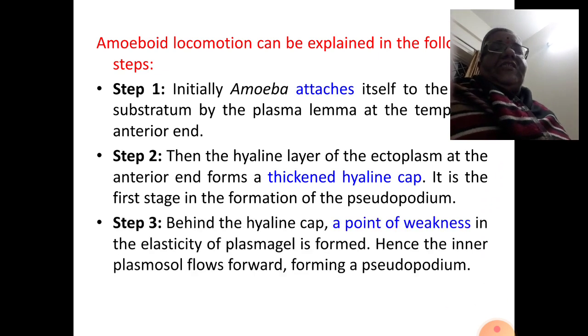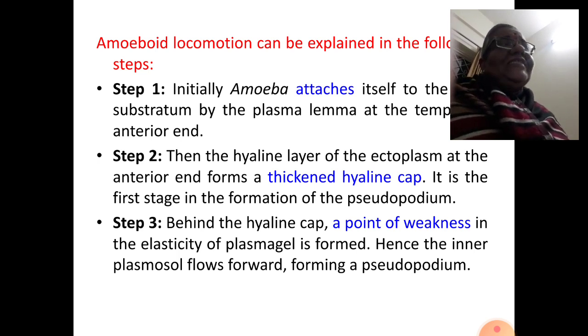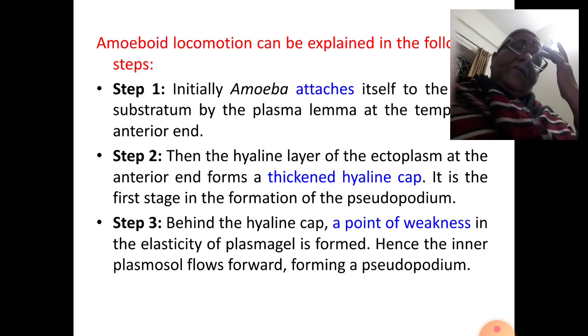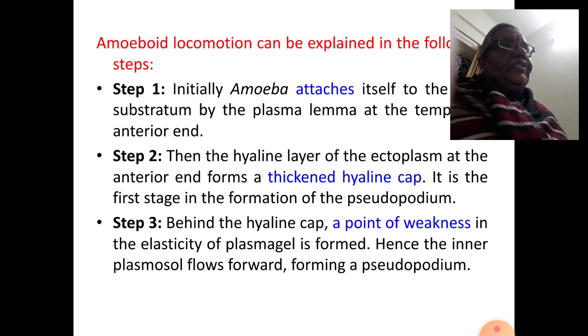Then step 3. Attachment is the first step, formation of a thickened hyaline cap at the anterior end is the second step. Third step, behind this hyaline cap, a point of weakness in the elasticity of plasma gel is formed. Plasma gel is highly elastic in nature, so a point of weakness is formed.